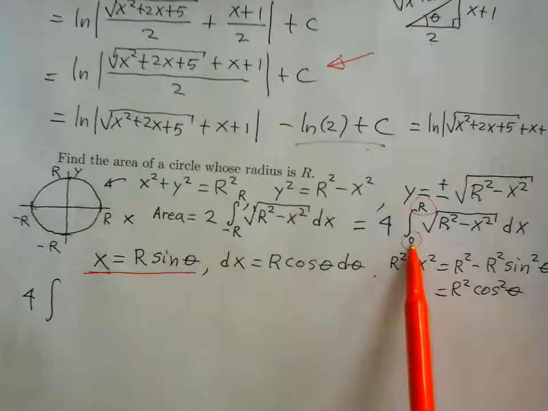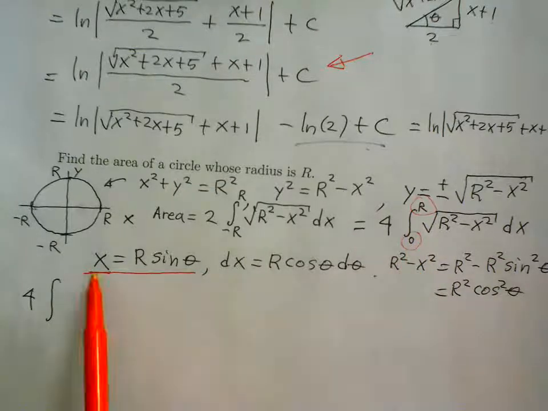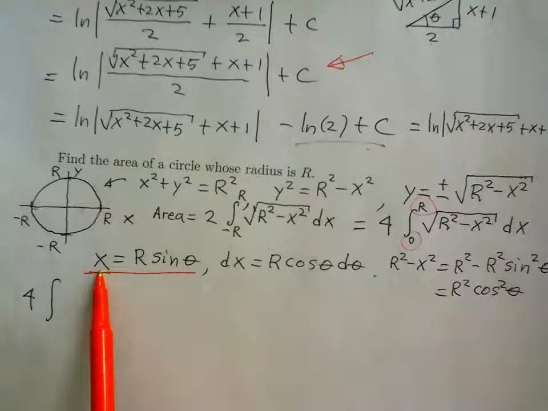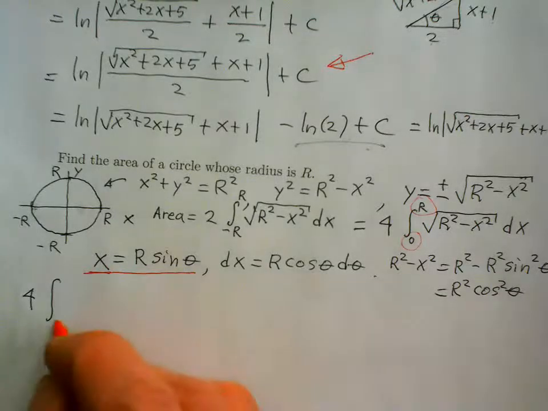Okay, so when x is 0, the lower limit, in this equation, replace x with 0 and determine what theta is. If 0 equals R times sine of theta, then what's theta? 0, because sine of 0 is 0. So theta is 0.